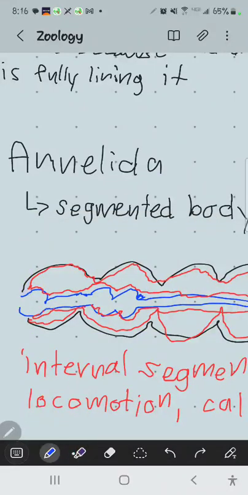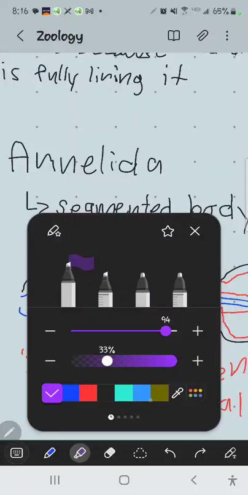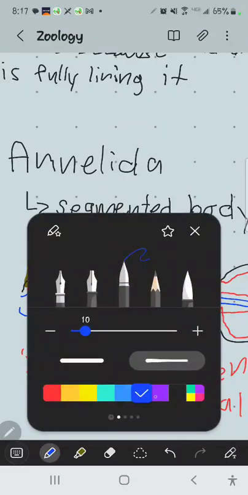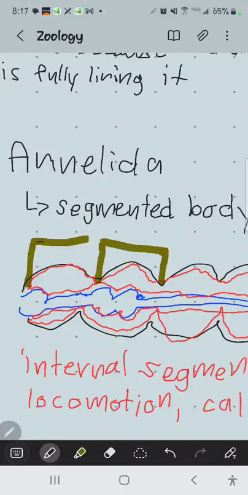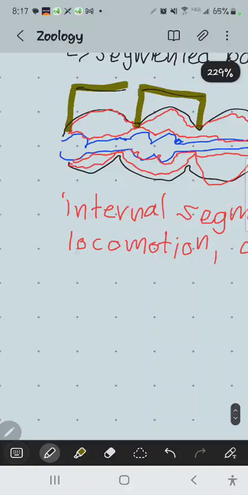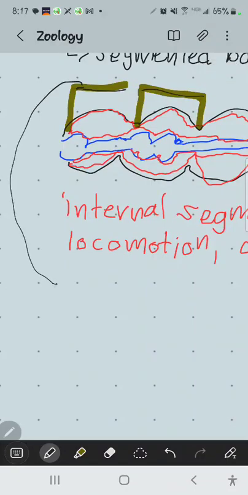It's broken down in the crop and gizzard, and then it's absorbed in the intestines. So for nutrients that are absorbed back here in the intestines, how do you get that nutrient back up to the head of the organism? And the problem is these compartments are basically keeping the coelom fluid from moving around.